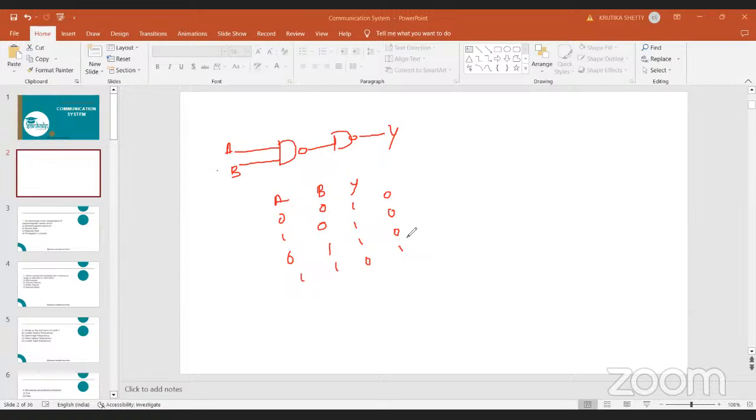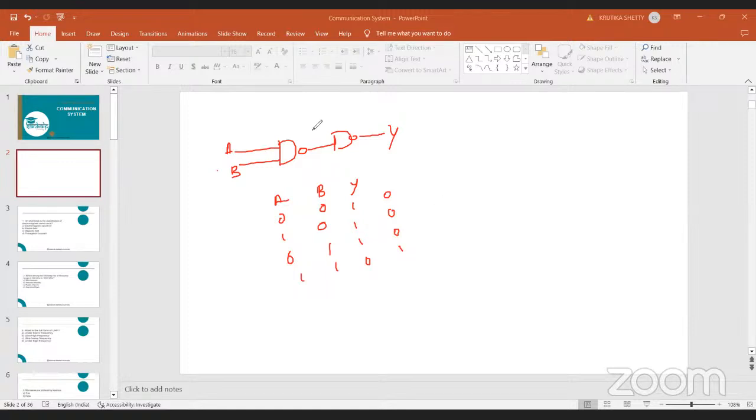Other than that, all the values are 0. So this is nothing but your AND gate.